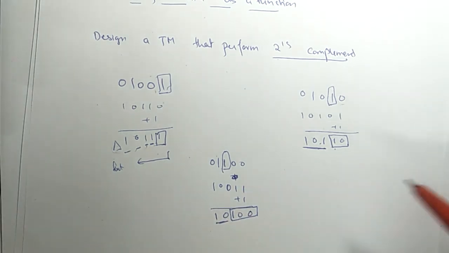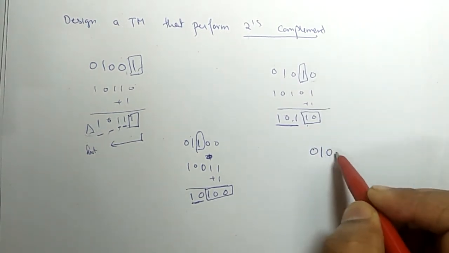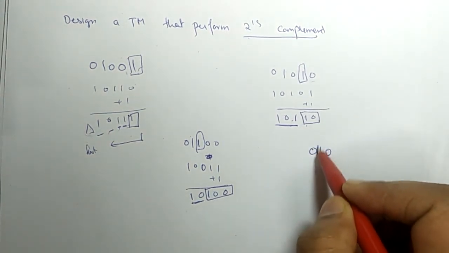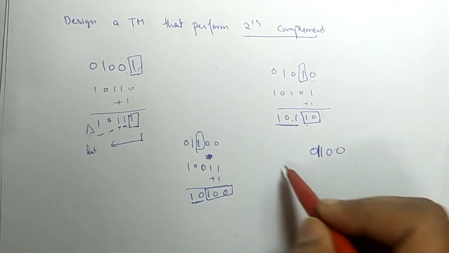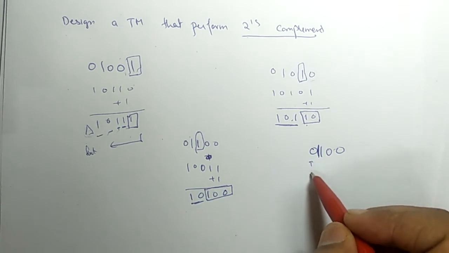So what we need to do, suppose we have this input 0 1 0 1 1 0 0 over the tape, and we start from this position.